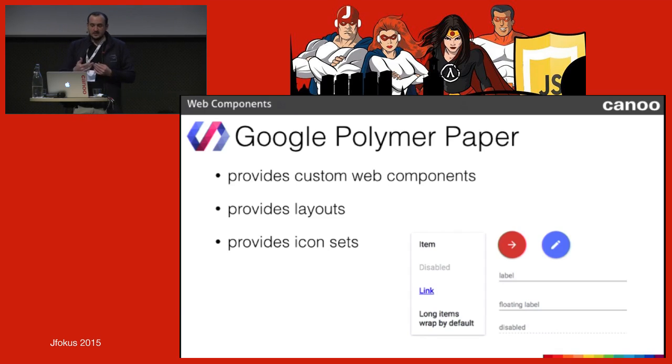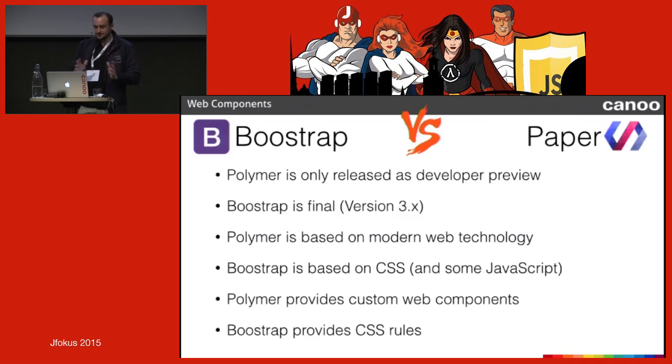It's a toolkit that contains a lot of custom web components, some that are only for layout, so something like layout containers you maybe know from Swing or JavaFX. And in addition, some icon sets and all this stuff so that everything looks right and looks in the same skin.